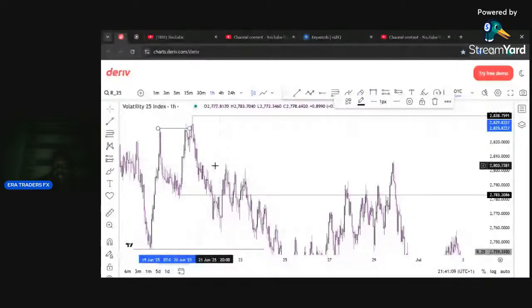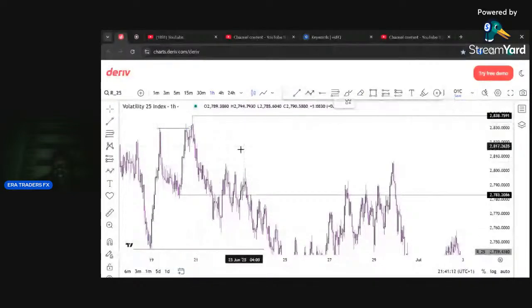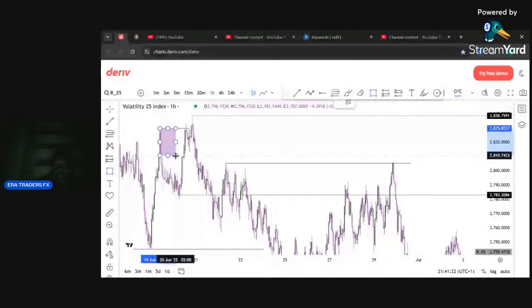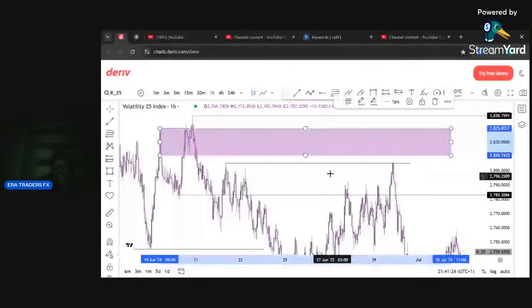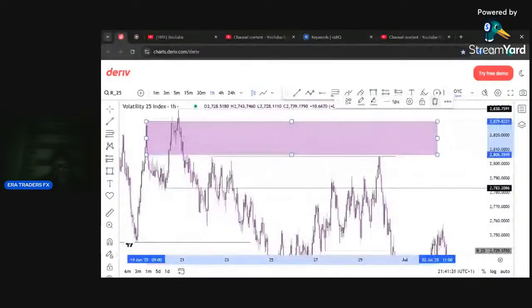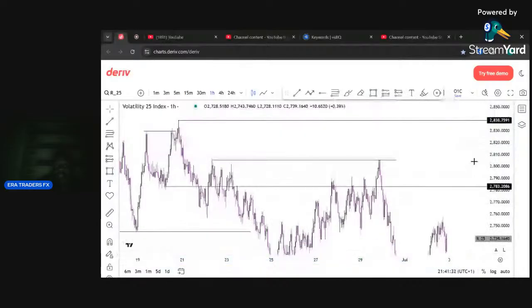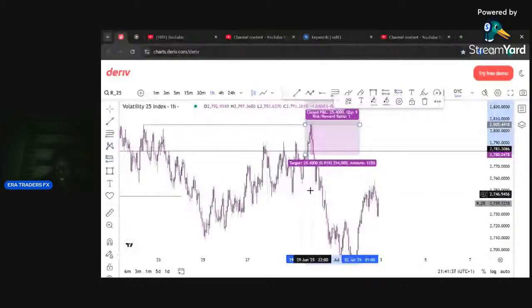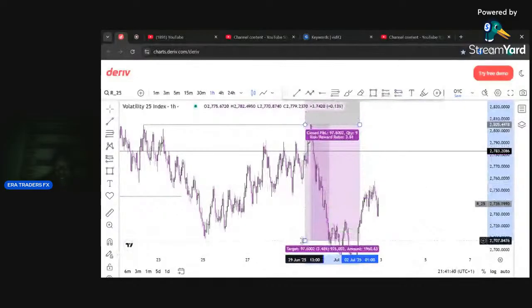Although I was waiting for it to come into this liquidity engineering to give me a better entry, or this block or something. But again, like I said, a POI is everything above your structural liquidity. So price just came into the structural liquidity and dropped all the way down to the TP.